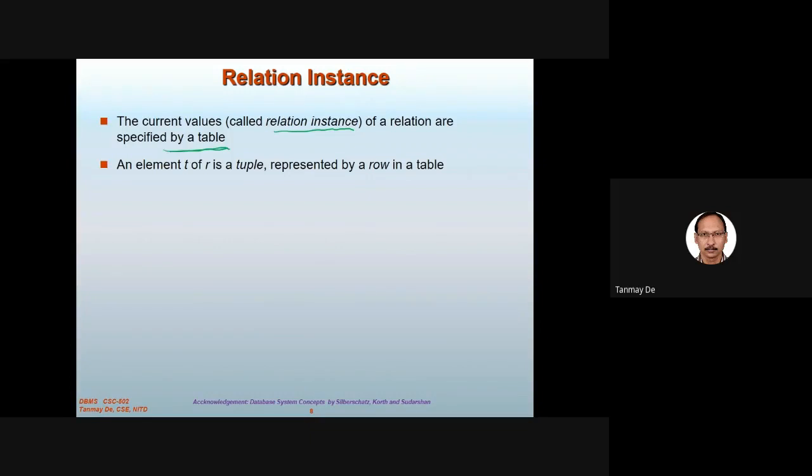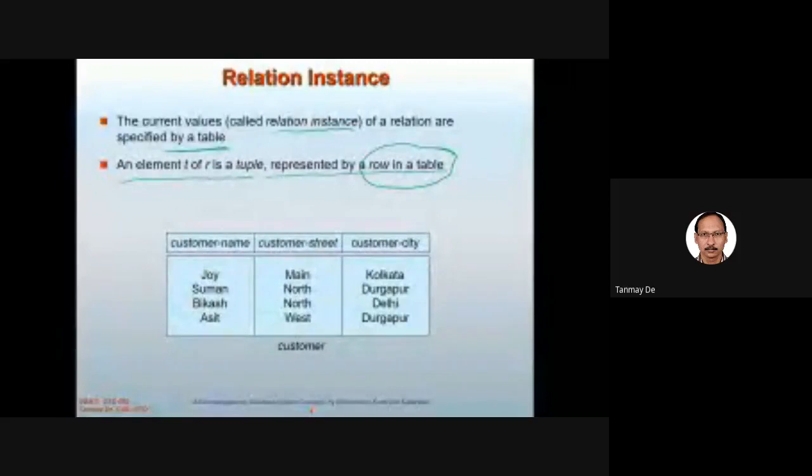And an element t of relation r is a tuple, which represents a row in the case of a table. That is, in the case of a mathematical relation, there are a number of tuples, and each tuple is represented as a row in a table. For example, here this is the customer table.